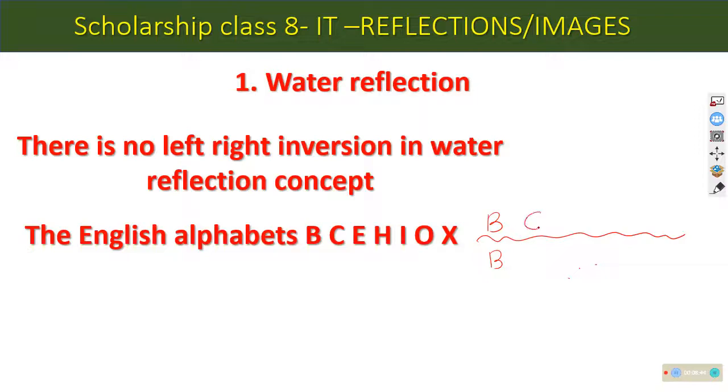Alphabet C will be here like this. E, there is no left-right inversion. That means you will have this like this. H, you will have the same here. You will have I here, O here, X here.